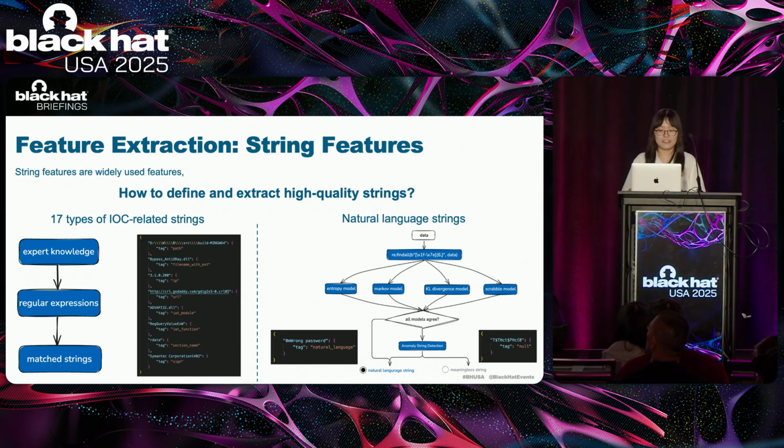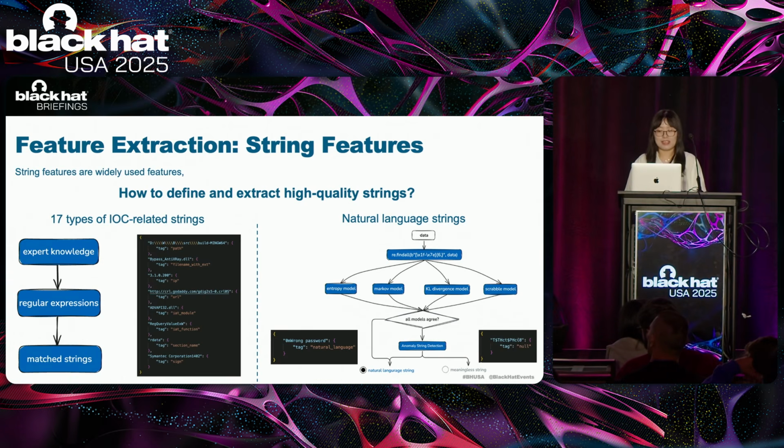First is the feature extraction model. String features are commonly used in YARA rules. So, how to define and extract high-quality strings? We first define 17 IOC-related string patterns and extract these features, based on our expert knowledge.